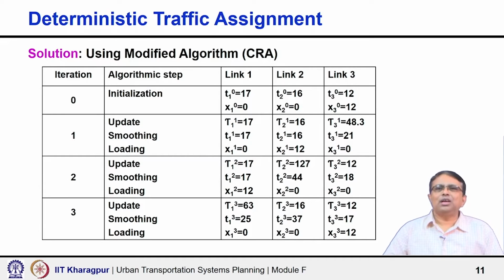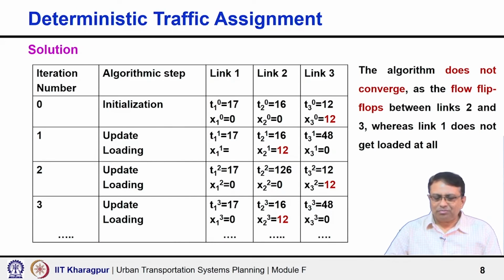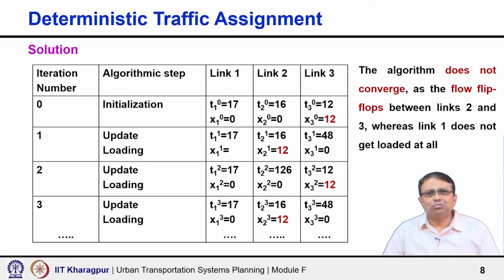So go back, you see that it was 48, we have not considered the decimal here, and the travel times we consider are 17, 16, 48, and comparing these 3, the shortest was link 2. So we assigned it to link 2.